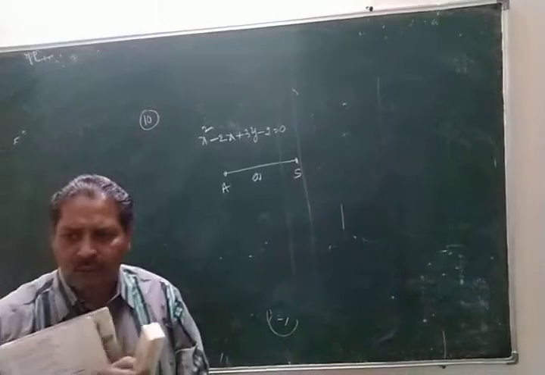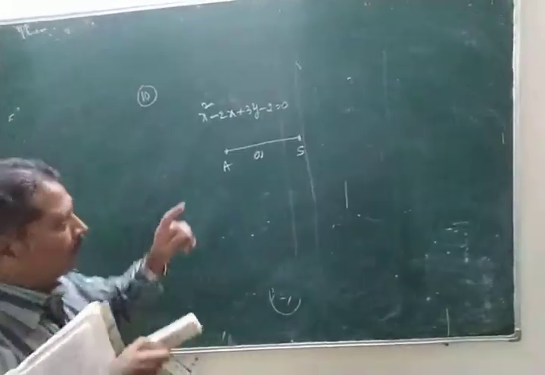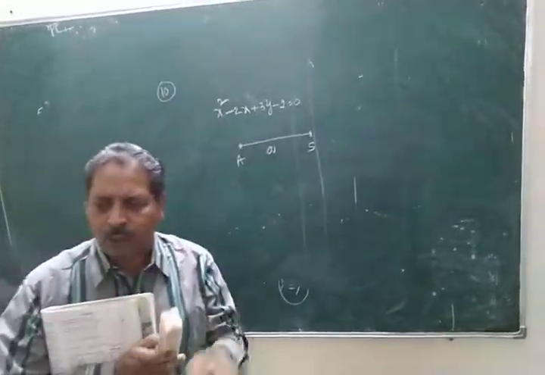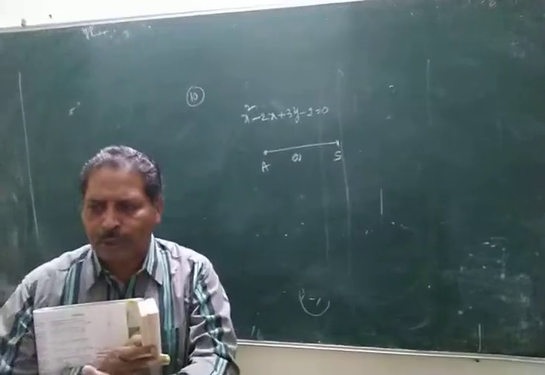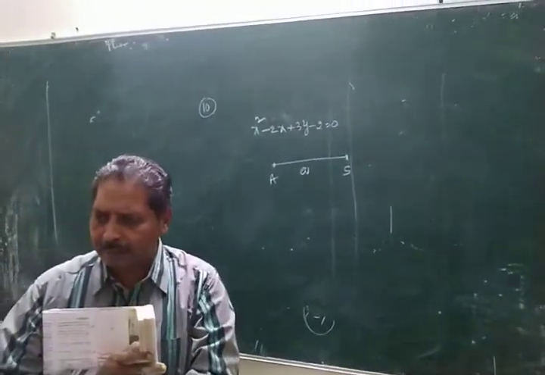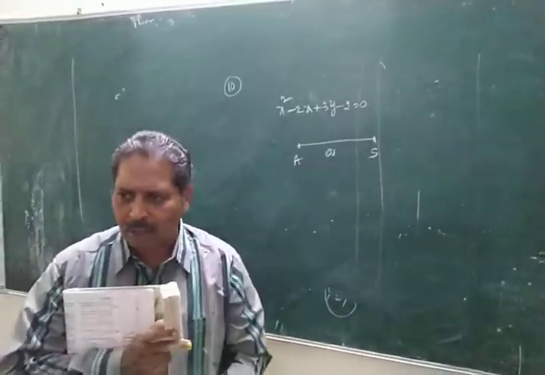So first calculate, there are two methods. Write this equation, x minus h whole square equal to 4a into y minus k. Then we get the 4a value, from that the a value.